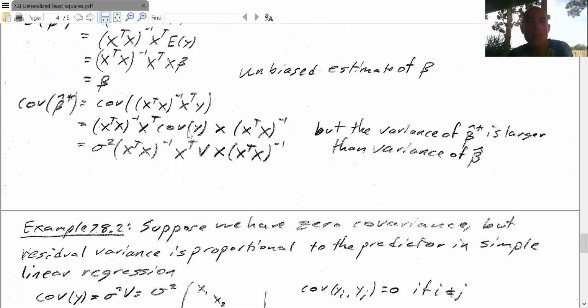And I know that that is sigma squared times V. What's going to end up happening is that all of this is going to give me a larger variance than if I would have used the better one. So when it comes to hypothesis testing, I might be getting rid of coefficients that I shouldn't be. That should give you a heads up to the pitfalls of not having a good covariance assumption.